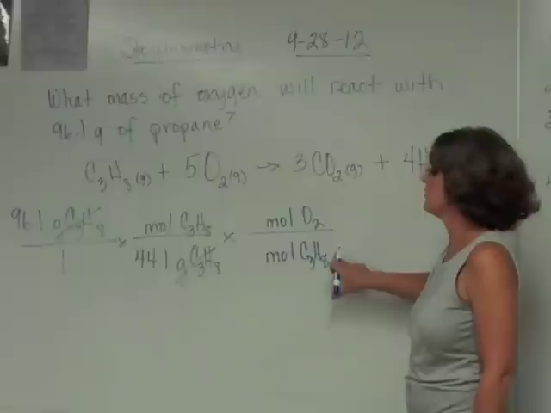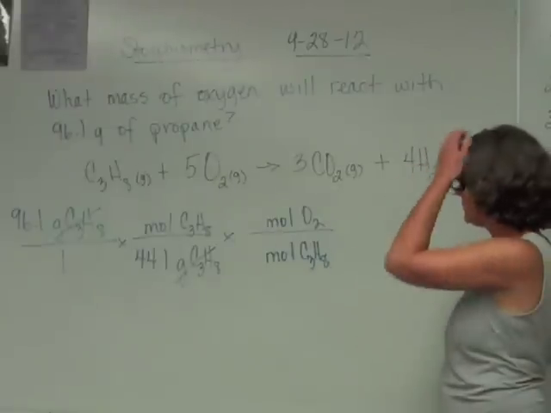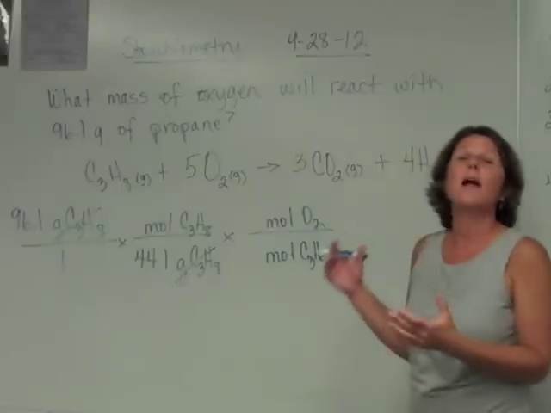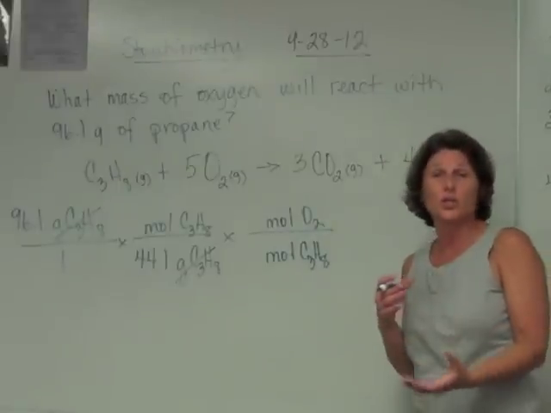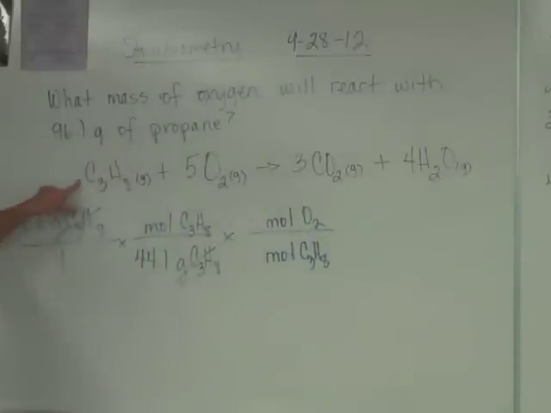Given or known is in your denominator. Okay. So, mole to mole, how do they react? What is the ratio of their reaction? Well, for every 1, I need 5. For every 1, I need 5.